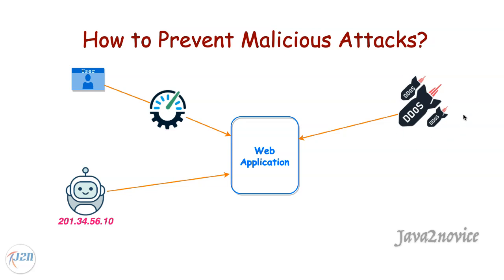DDoS attacks are a malicious attempt to disrupt the normal traffic by creating fake traffic. A group of devices or multiple devices targets your application intentionally to bring down your application or to affect your application's reputation. Rate limiters are highly helpful to protect your application from DDoS attacks.